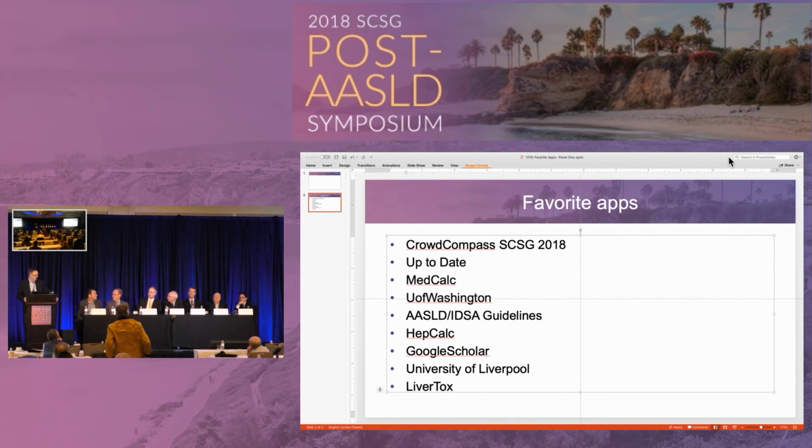FibroScan, AST. The interesting thing is we'll be presenting some data at NASH-TAG in January and also submitted to EASL. We went out and did FibroScans in 500 patients that were endocrinology-based and 500 that were in GI clinics. And we looked at all the demographics, and we were trying to draw some conclusions about the severity of underlying liver disease. And one of the most striking things I found, and this blew me away: endocrinologists check LFTs in 94% of their patients. GI docs, 34%.